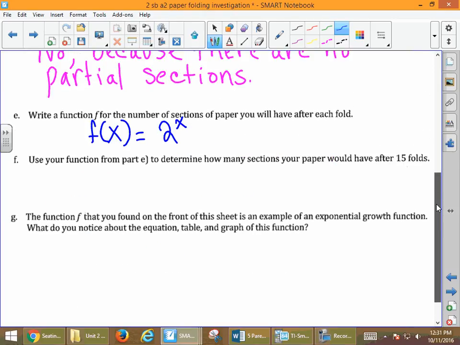And once we determine what the value for a function is, then we can go back here and figure out how many sections we will have after 15 folds. So this is going to be f of 15. And we're going to put that value of 15 back into the function wherever we see x. So that 15 is going to go back in here for x. So it's going to be 2 to the 15.